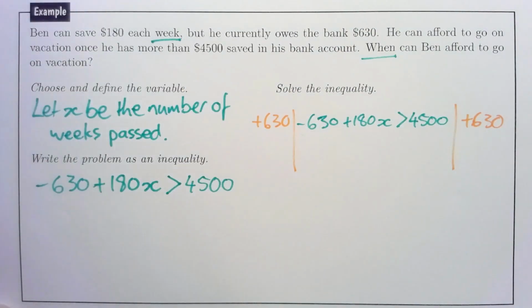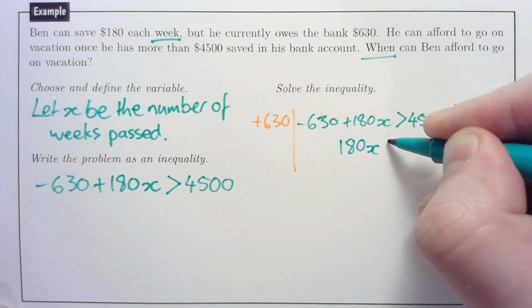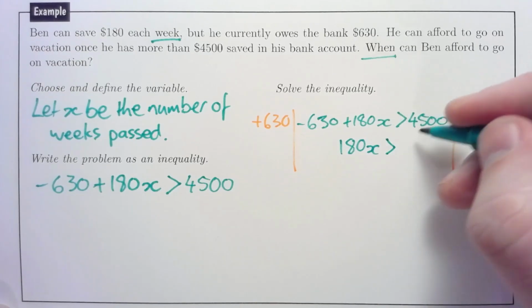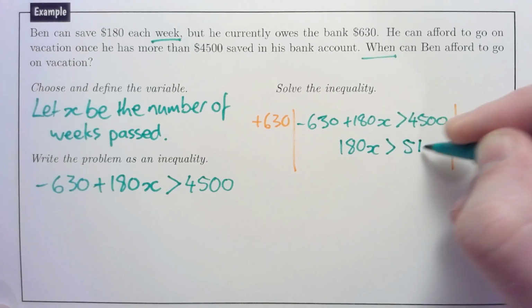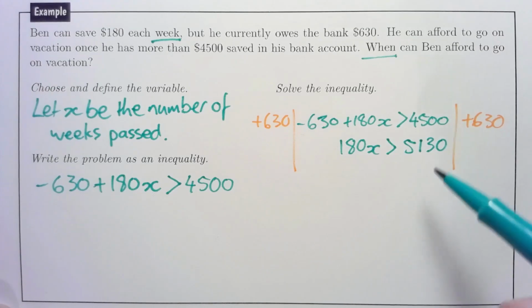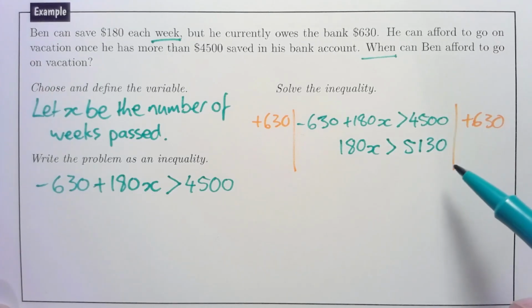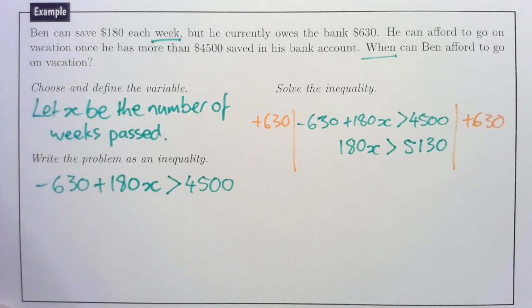So if we do that, we get 180 times x is greater than, let's see, that will be 5,130. Now what this number represents here is the actual amount of money Ben needs to save for his vacation. He needs to save the $630 to pay off his debt, and then he needs to save the additional $4,500.